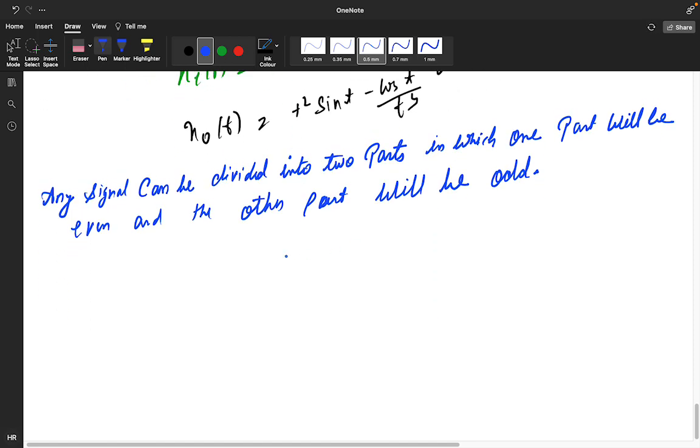Okay. So the signal is the combination of what? Even signal and odd signal.